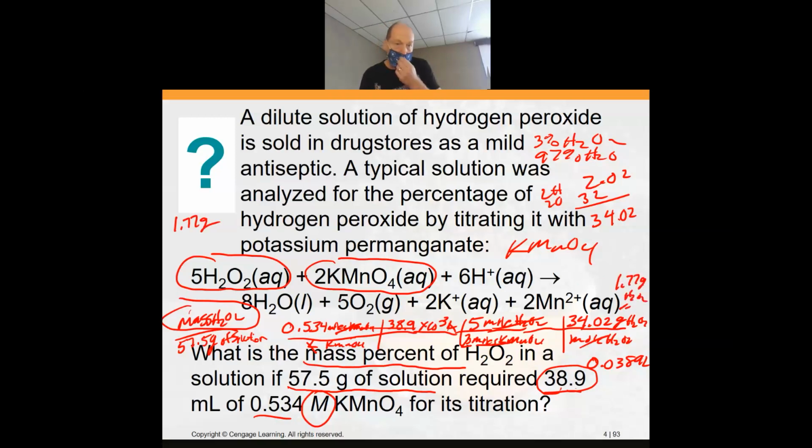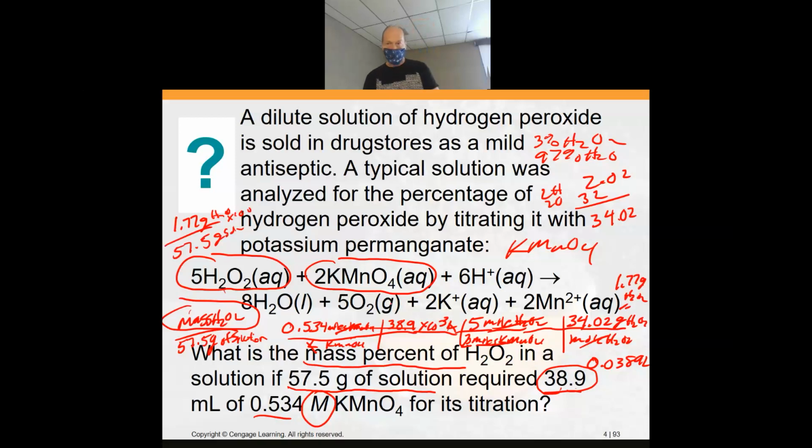and we divide that by our total, which is 57.5 gram solution, times 100. I'm not going to clear out my calculator, so mine is 1.7667, divided by 57.5, times 100, and I get 3.07%.